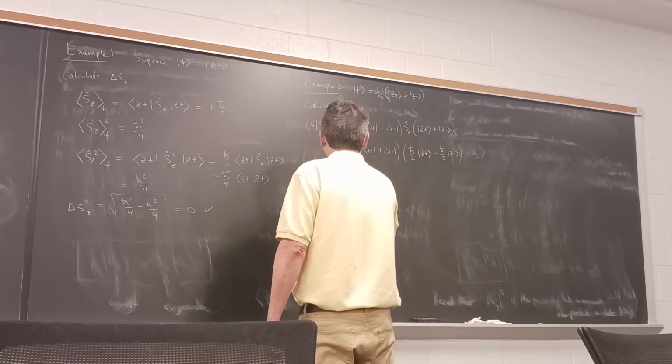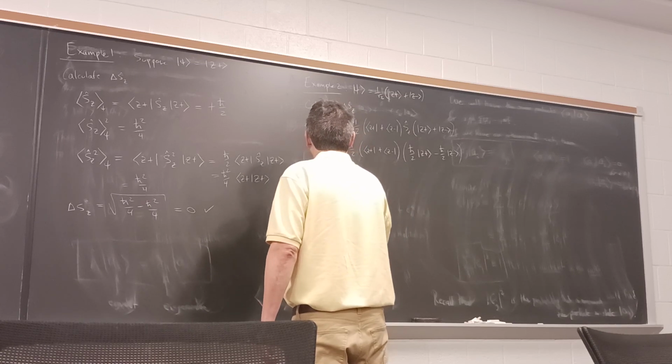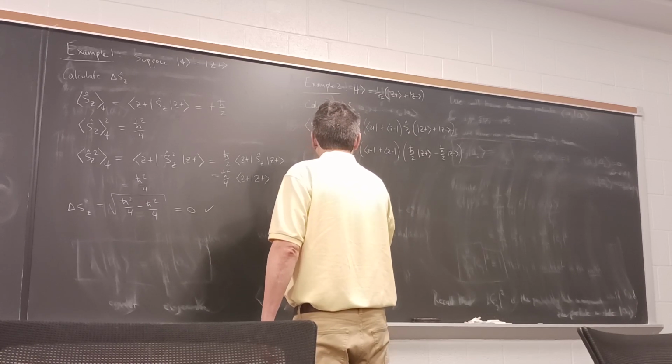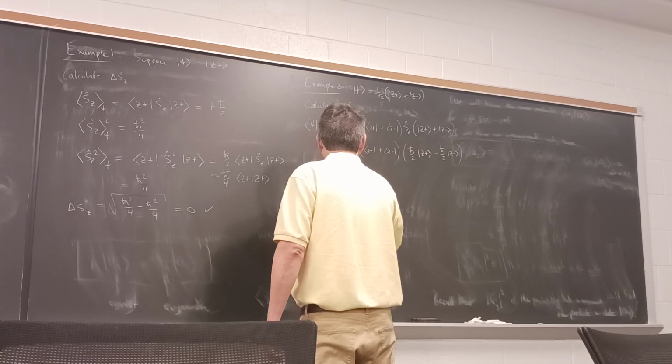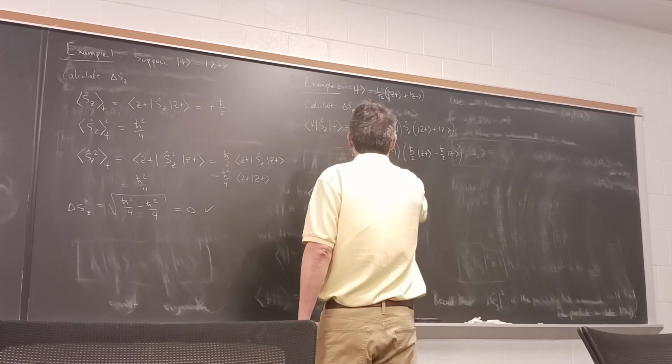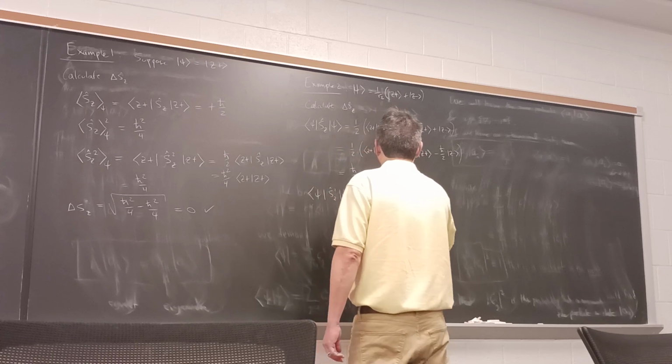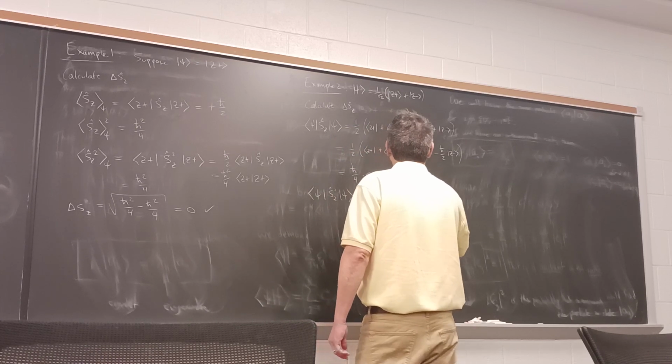Okay, so then let's do psi SZ squared psi. So we'll have 1/2 z plus plus z minus.